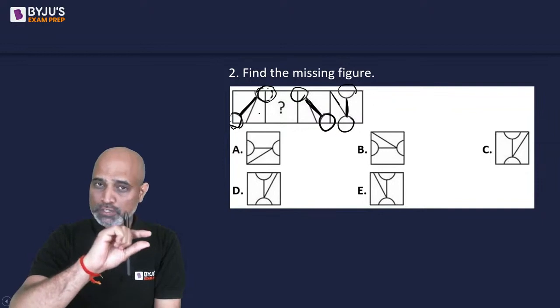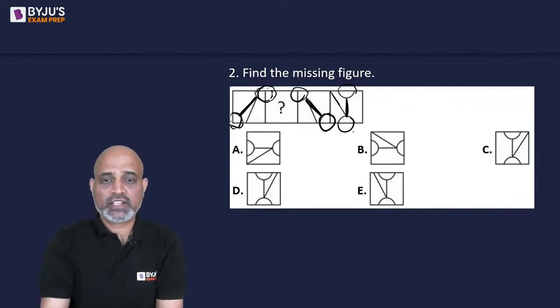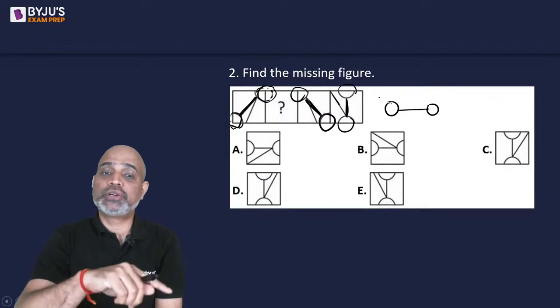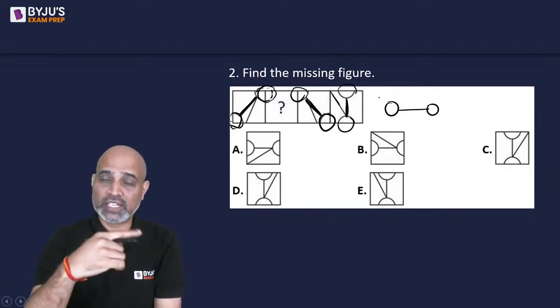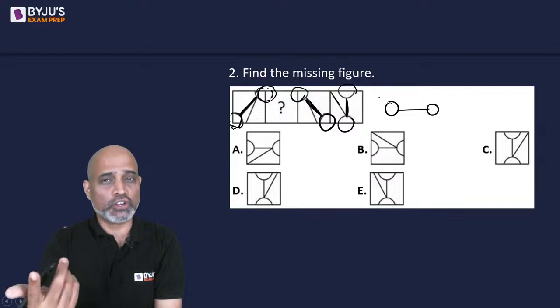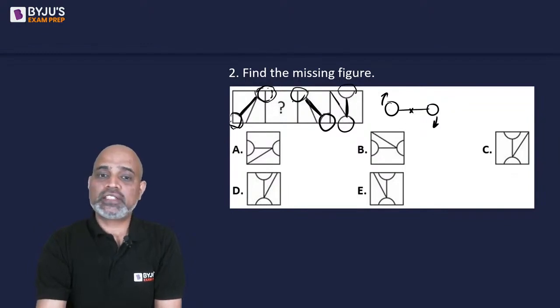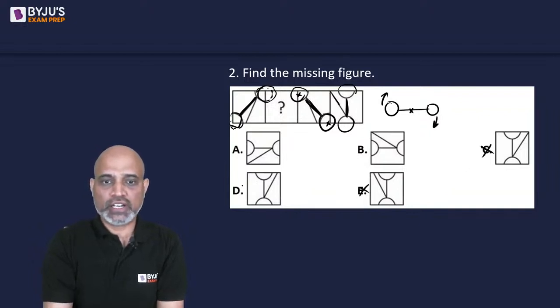So if the dumbbell was inclined towards the positive direction of x-axis, then in the middle figure the dumbbell should have been horizontal, so that the next time when the dumbbell rotates, it's going to be clockwise, right? So it rotates clockwise. So when it rotates clockwise, it goes diagonally. So we are pretty sure the answer is not going to be C, E, or D.